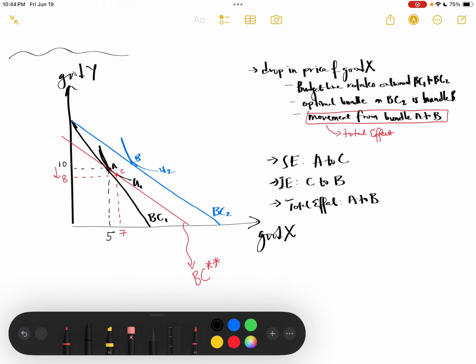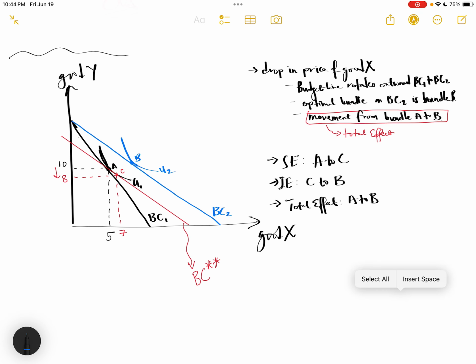Right, and then we also see the total effect, so we will use blue. Let's make this 12, and let's make this 11.